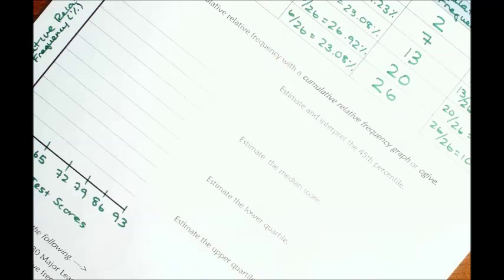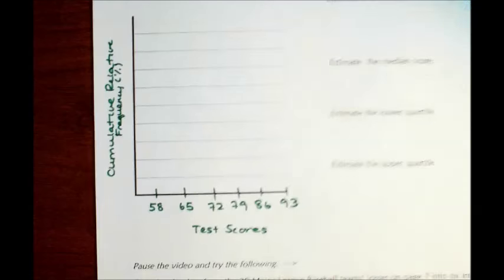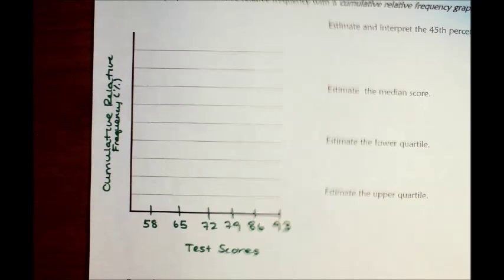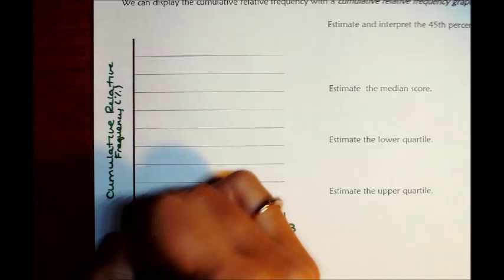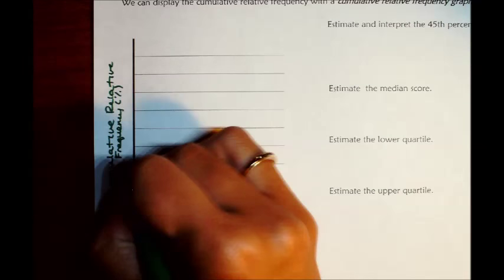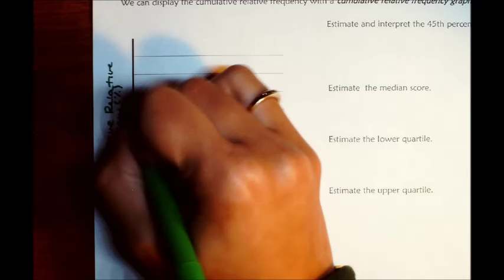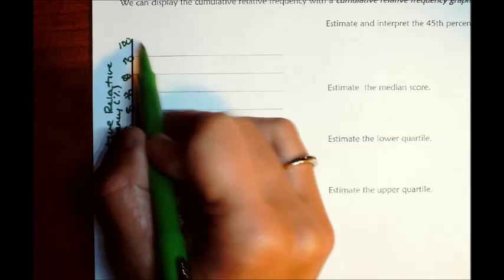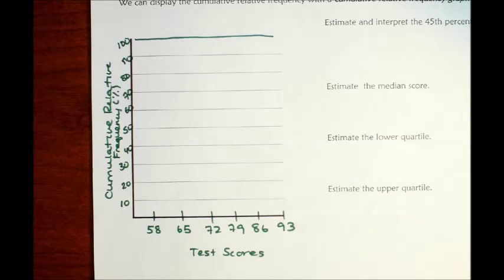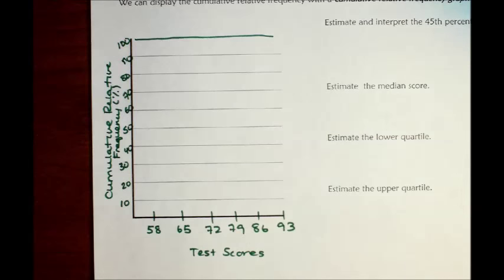And since we need to make 100%, because we know the cumulative is going to end up at 100%, I'm going to count by tens. So starting at our first value, we have 0.